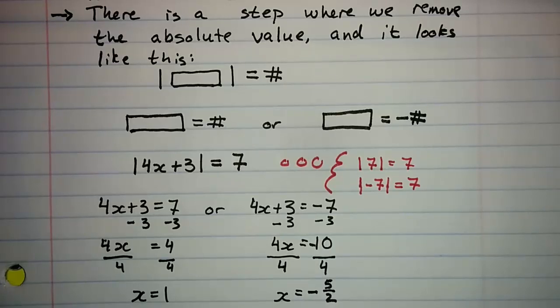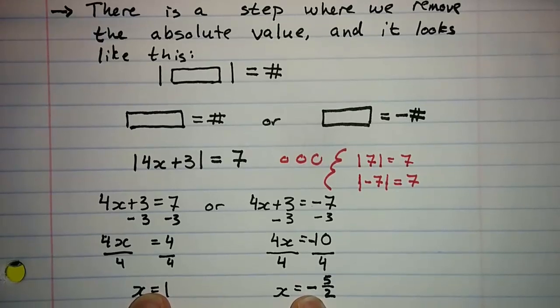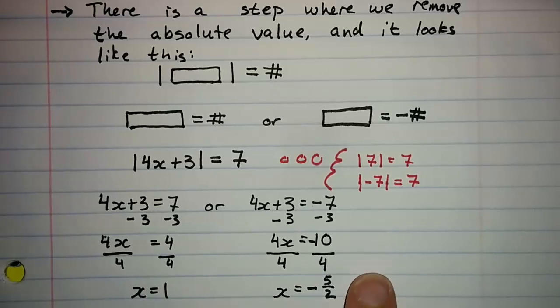Now, a couple of things to notice. First of all, our two values of x are not opposite one another, and we typically don't expect that. Second, we very frequently have fractions turning up when we solve absolute value equations.